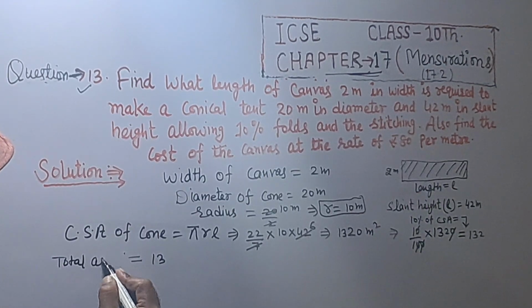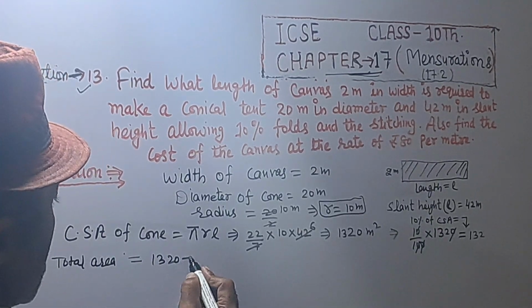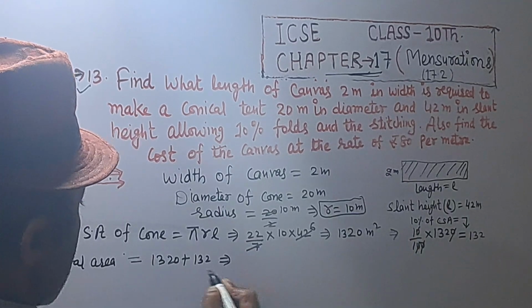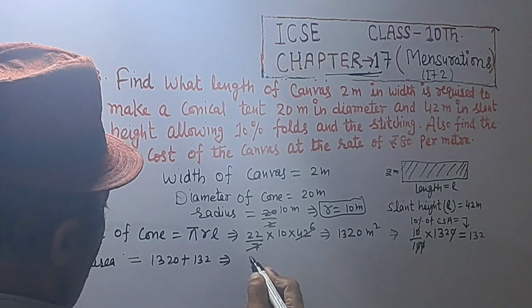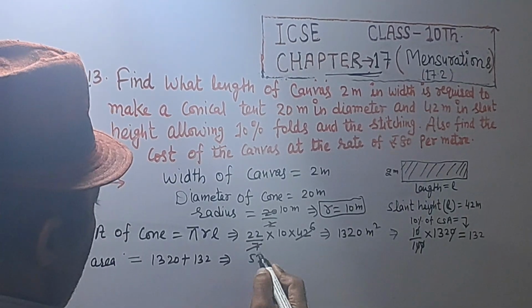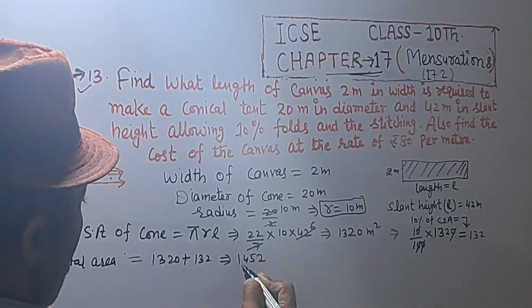Total area is equal to 1320 plus 132, which implies 2 plus 3 is 5, 3 plus 1 is 4, 1.